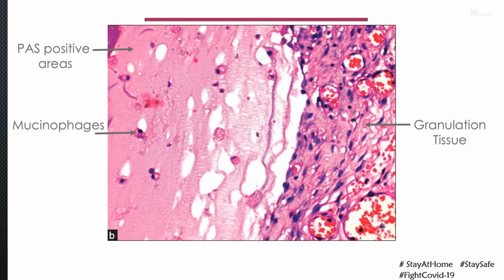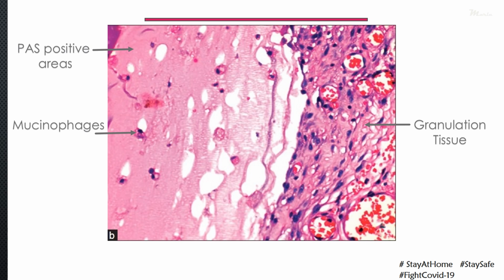As discussed in the pathogenesis, macrophages are activated in response to mucus spillage to phagocytose them. These macrophages, after engulfing the mucin, will show a foamy cytoplasm. Such macrophages are referred to as mucinophages.